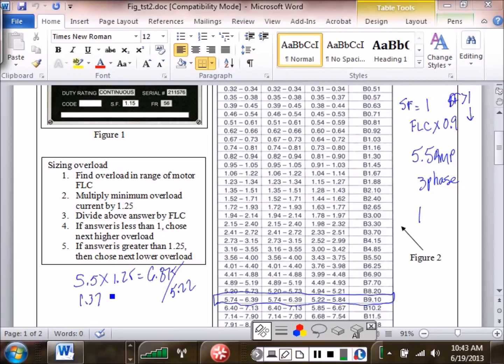So we'd use the B8.2. Not the lowest, we would use the next lower.